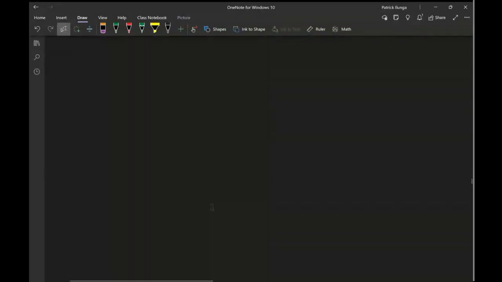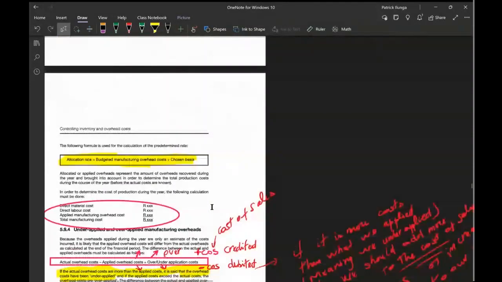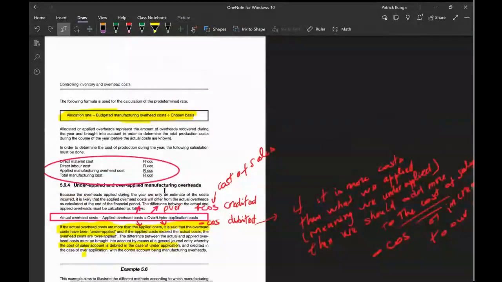We're going to finish actually with the final thing. This is what is even part of the first question of your assignment. Like I said, it's just a bit of theory, but you understand, therefore, that you have the direct material, the direct labor, and you have the applied manufacturing overhead.